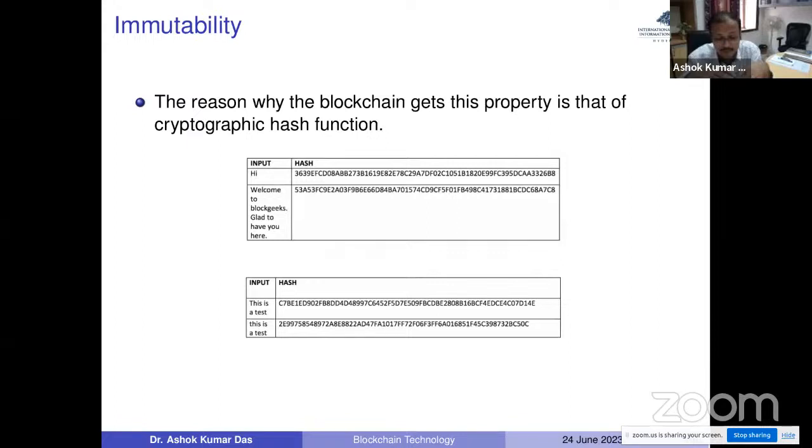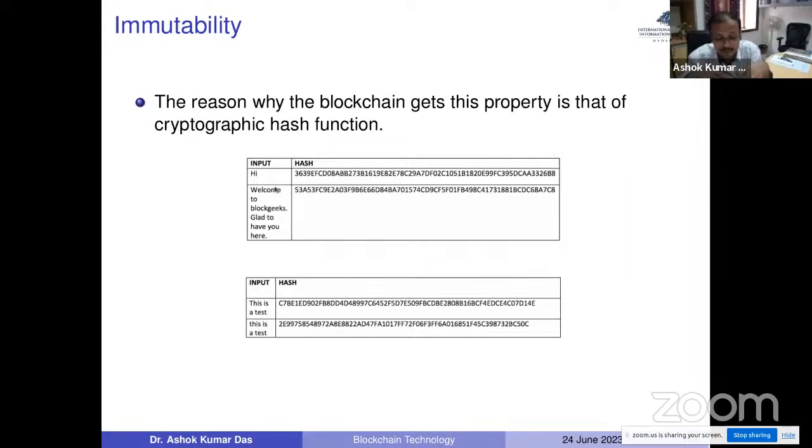Blockchain technology uses the SHA-256 hash algorithm, which takes any arbitrary length input message but produces a 256-bit hash output. So whether the input is 1 bit, 1 byte, 100 bytes, or 1000 bytes, the hash output will always be of the same length of 256 bits.